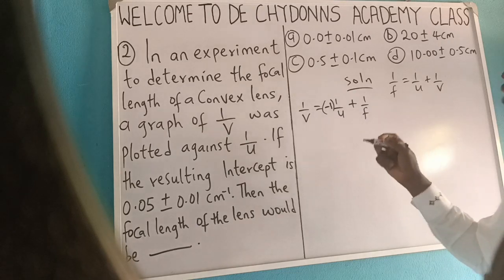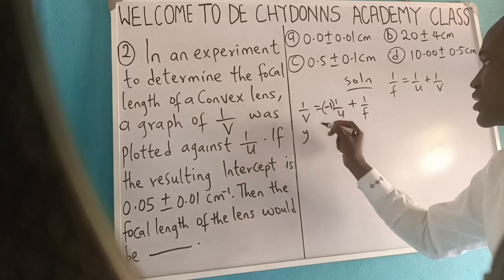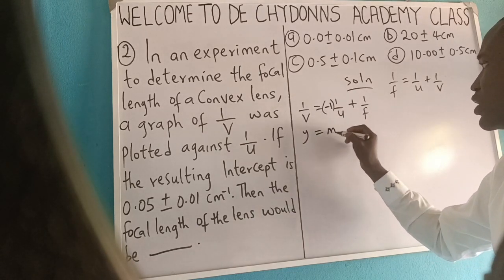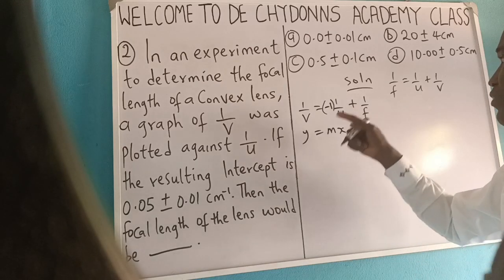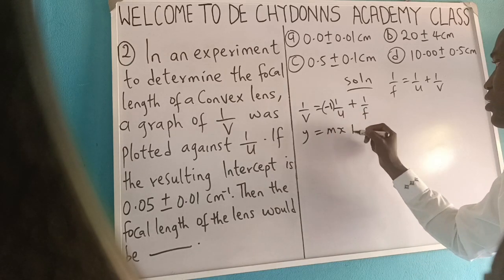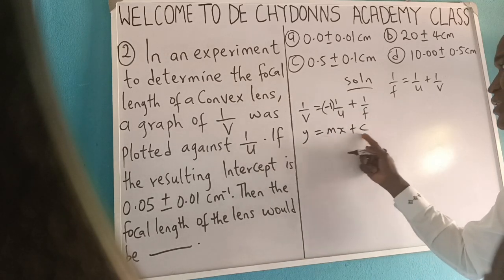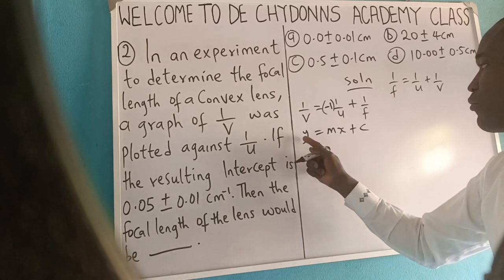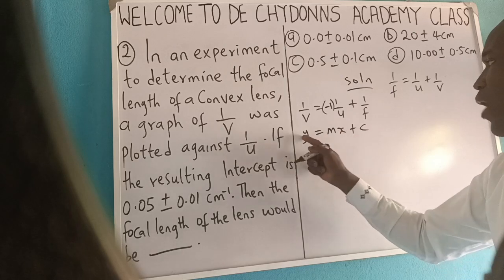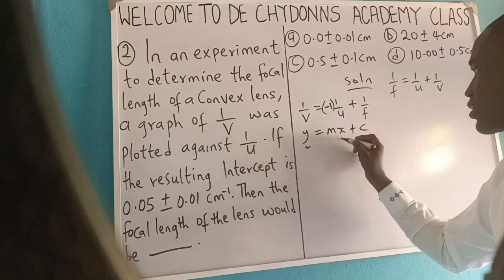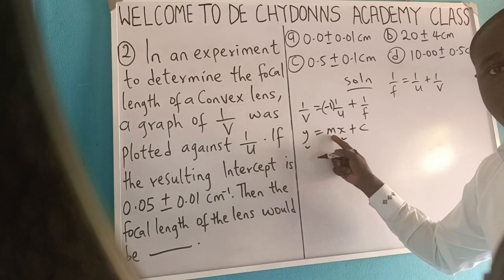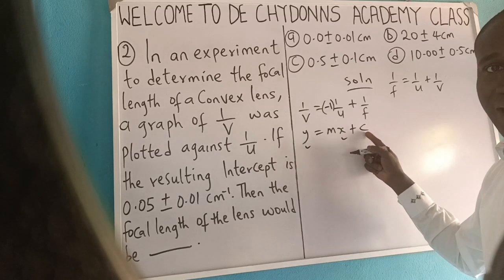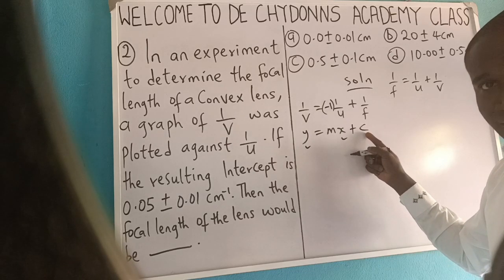Now, this means that when you plot a graph of this against this, it is a straight line equation. When you plot a graph of y against x, m becomes the slope, c becomes the intercept on the vertical axis.